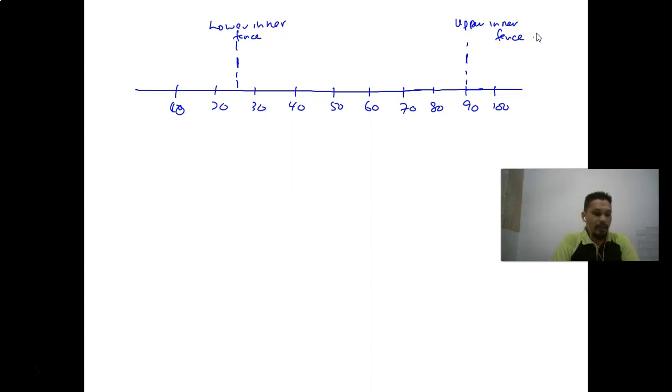Okay, and then for 31, the first quartile equal to 50, and the second quartile equal to 61, and the third quartile equal to 66.